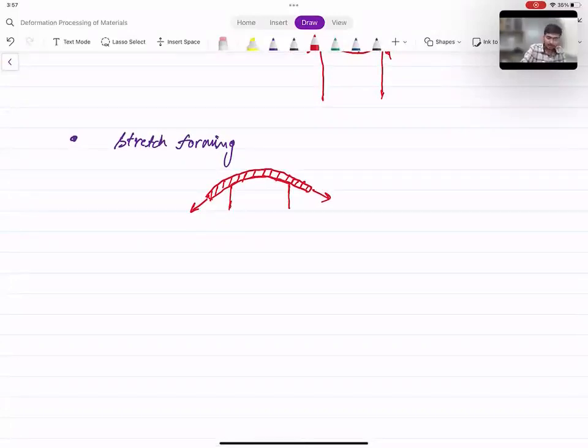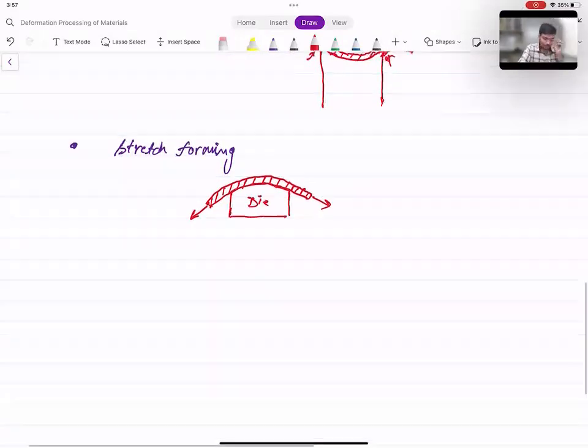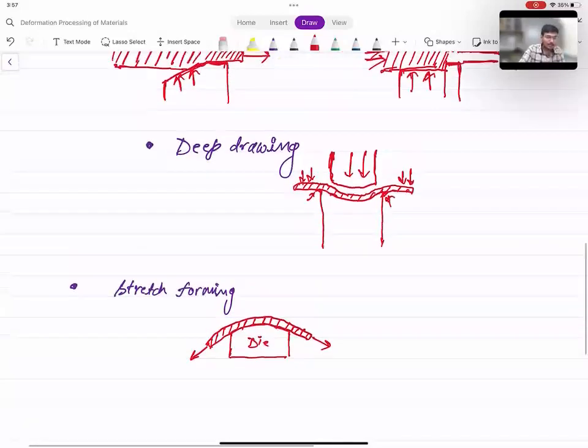So this is the die and these are the tensile forces. So stretch forming is a tension type metal forming operation.